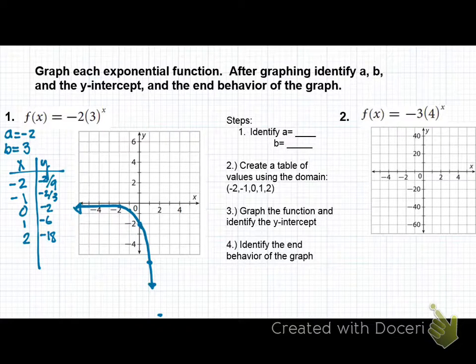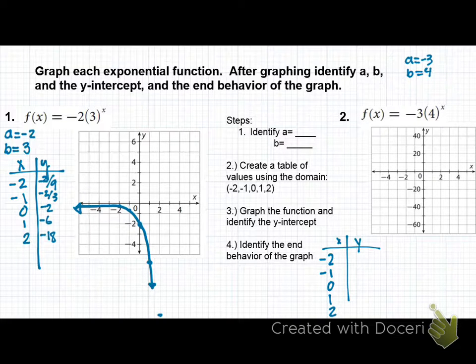Okay, here we go. I'm going to make an XY table on number 2. And I'm going to start plugging numbers in. Okay, put negative 2 in. What's 4 to the negative 2?